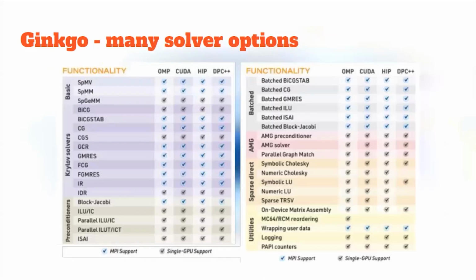In Ginkgo we focus on sparse linear solvers, so we already provide a lot of functionality in terms of sparse linear algebra. We have a lot of matrix formats and several kinds of Krylov solvers, like CG, BiCGSTAB, or GMRES. And we have some advanced preconditioners like Jacobi, ParILU or ParILUT, and also incomplete sparse approximate inverse that we can use in Ginkgo. Then there are different applications that require different functionality, so we also have the batched functionality on the top right.